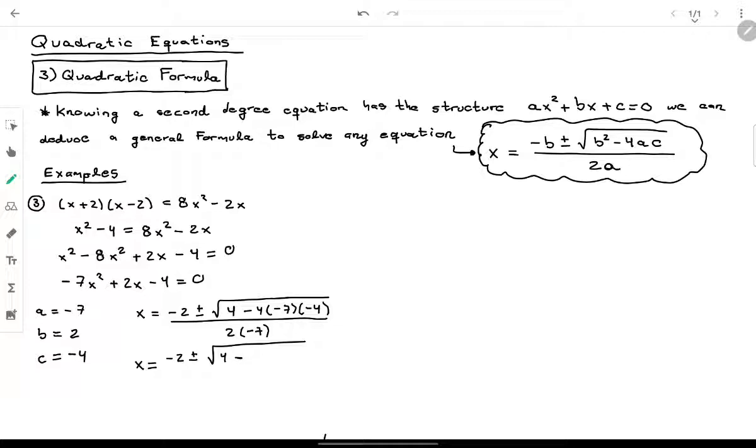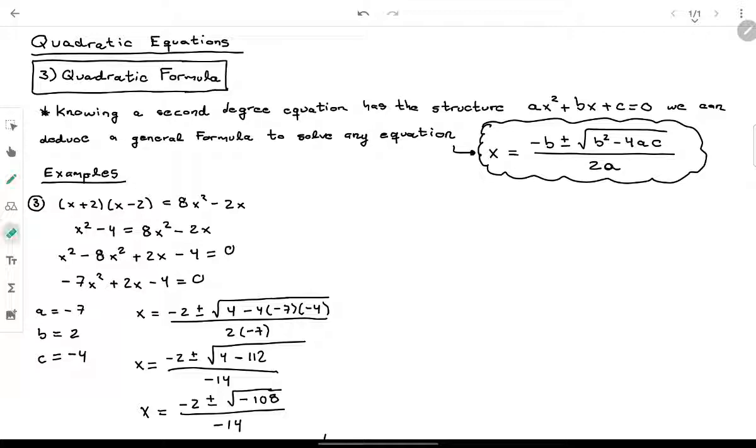It's minus. In this case, it's going to be 16 times 7, minus 112, all of it divided by minus 14. So what happens next? It's going to be x equals minus 2 plus minus the square root of minus 108, all of it divided by minus 14.